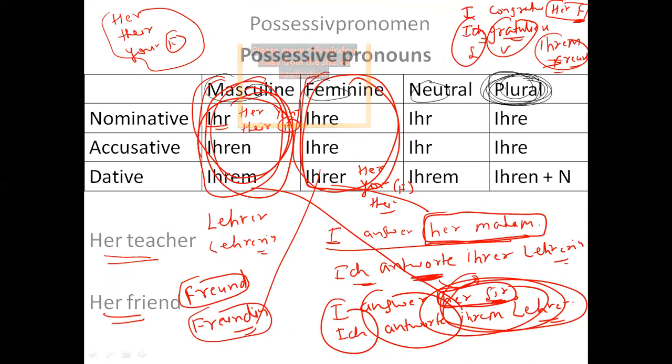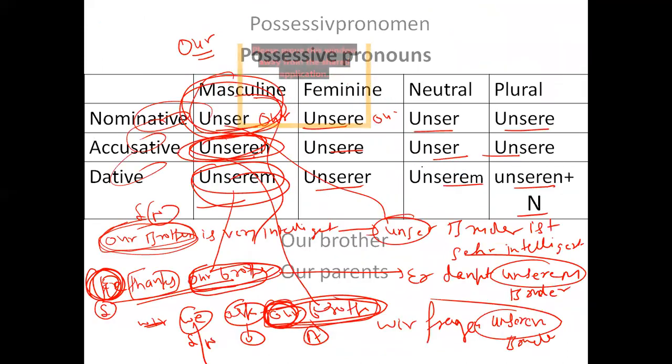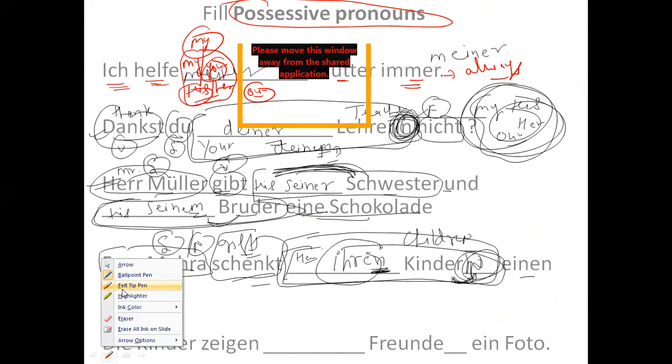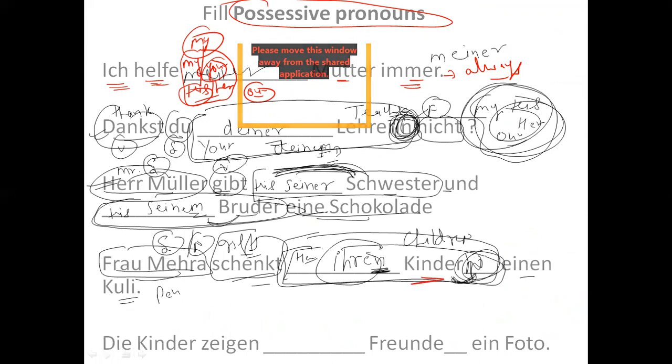Child is singular, but children is plural. So I have to write ihren plus n, right? So here in this question I should write ihren plus n. So n will come here after the noun Kinder, right? Ihren plus n should come here, right? So n will come after the noun. Ihren Kindern.